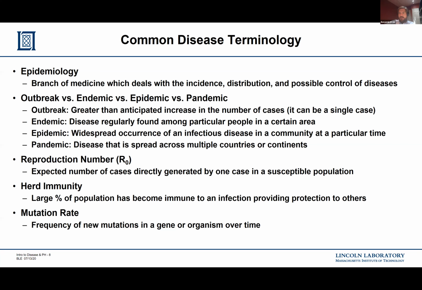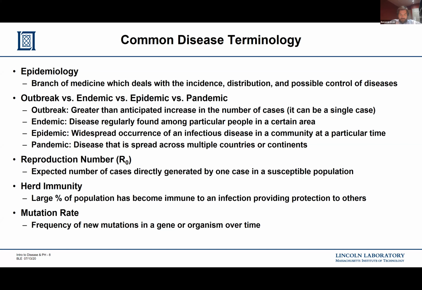So if you have a Western African tribe that gets malaria, specifically a specific strain of malaria, that's endemic to that particular tribe. An epidemic is something that's widespread in a community at a particular time, whereas a pandemic goes across multiple countries and continents. So we're in a pandemic right now because it is in virtually every country across the entire world.